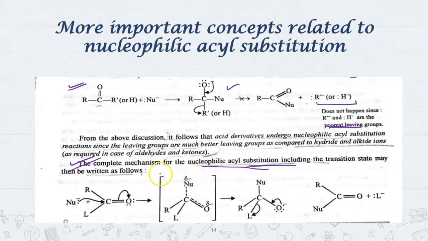By this structure, what they are trying to explain is that if a partial double bond is still present over here, then the complete structure is overall carrying a negative charge. This is what they are trying to say.